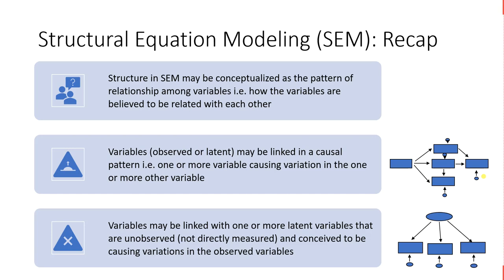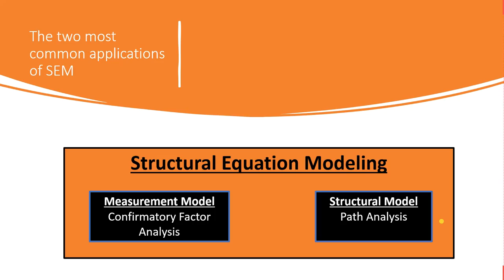But when a similar relationship model is depicted in which some of the variables are latent variables represented by ellipses or these oval shapes, then that model is also a structural relationship model, but generally that is not called path analysis. So some authors prefer to make this distinction.